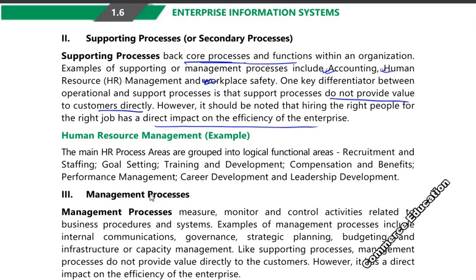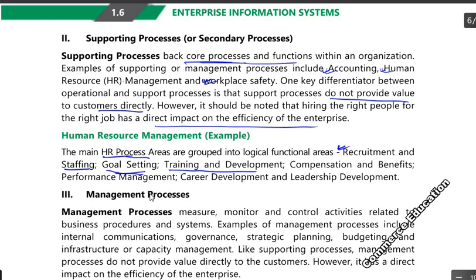So let's see. The HR process, the human resource management process, is a supporting process where there are a number of functions: recruitment, staffing. So employees should be recruited first of all and they should be staffed, and then goal setting, their goals should be set for what is to be achieved by them.